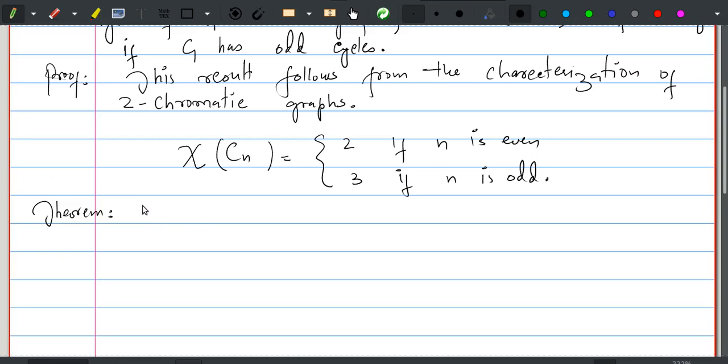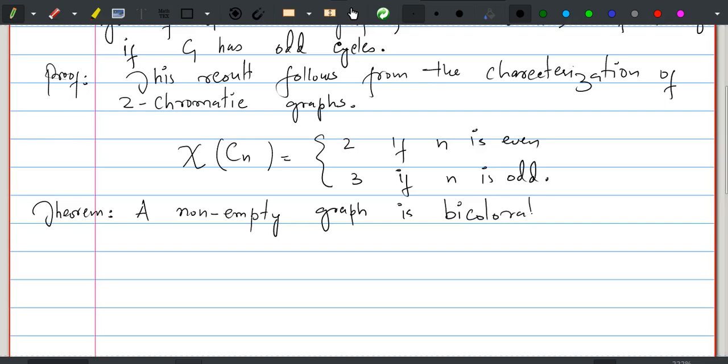So a non-empty graph is bicolorable or two chromatic if and only if it is a bipartite graph.